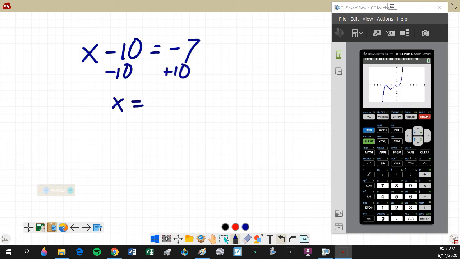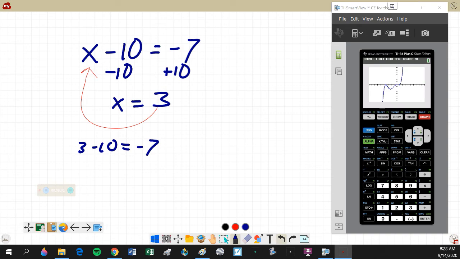And I get x equals 3. Okay. What does x equals 3 represent? Well, that's the number that I can put in here and get negative 7. So 3 minus 10 equals negative 7. So in theory, you should never get one of these wrong on a test, because when you have the answer, you can always plug it back in to see if it's correct.